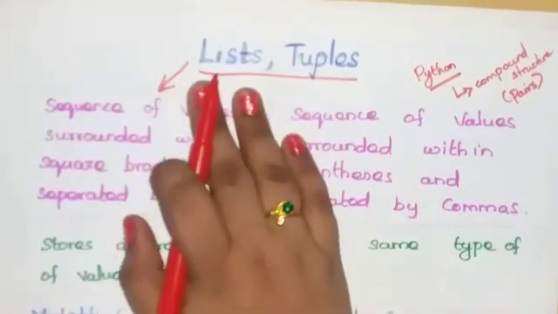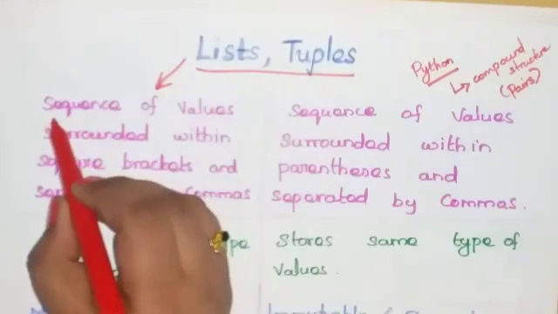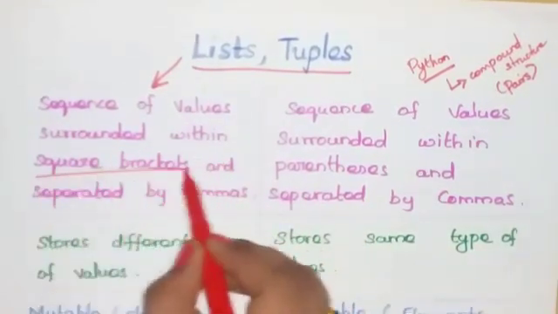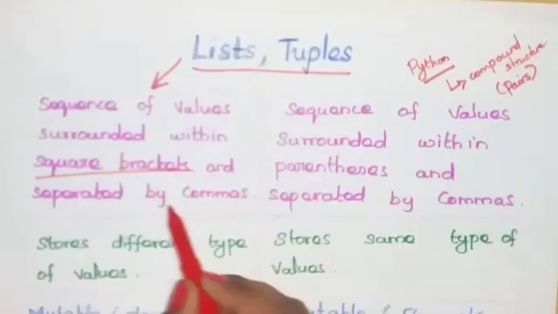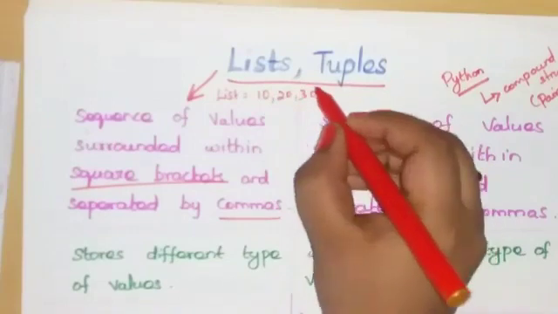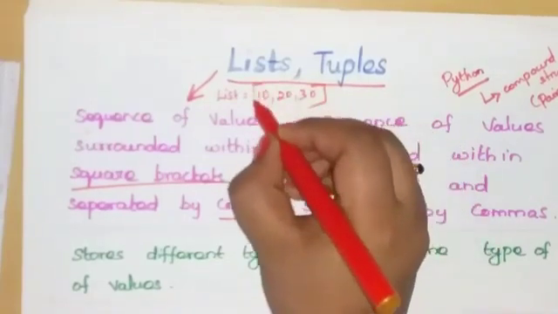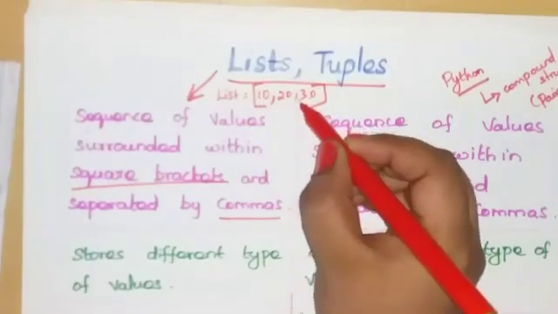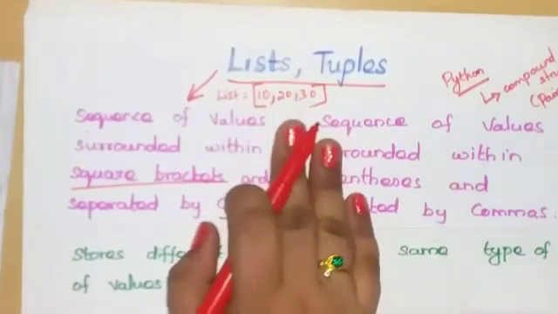First, what do you mean by list? A sequence of values surrounded within square brackets and separated by commas. Okay, this is called list.